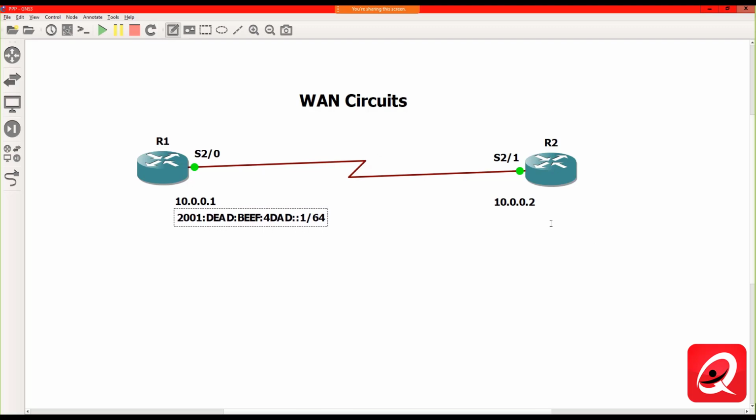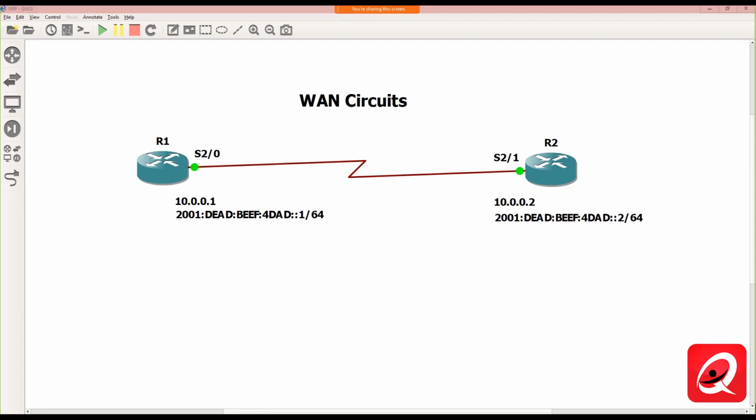And on the other side, let's put in 2001:dead:beef:4dad::2/64. So we'll do a point-to-point connection. And I'll show you how we can see that we're actually encapsulating both IPv4 and IPv6 information.